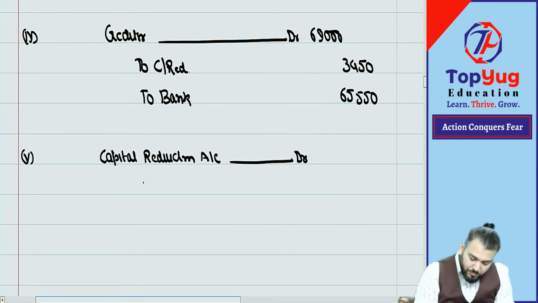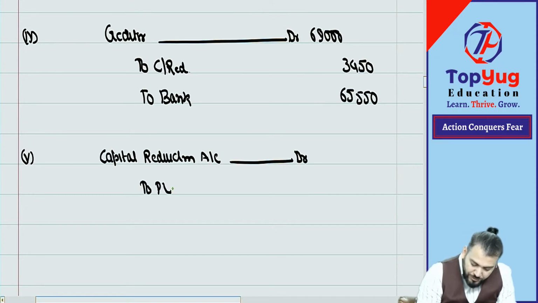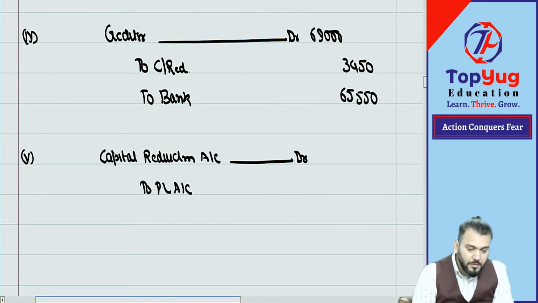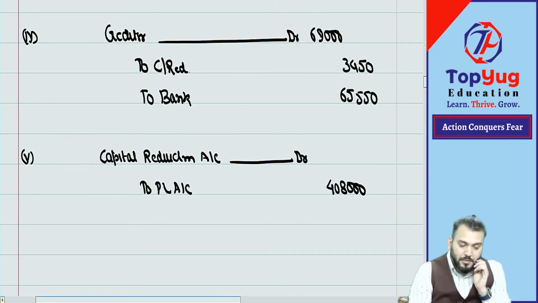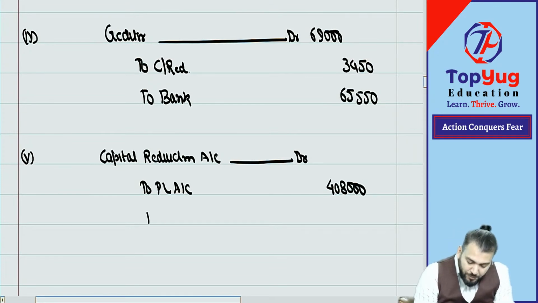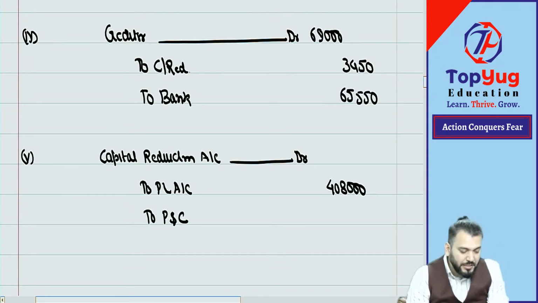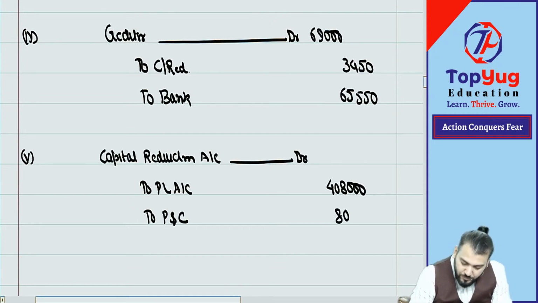To PL account how much? It is 4 lakh 8,000. Then patent and copyright how much? It is 80,000. Then debtor how much?